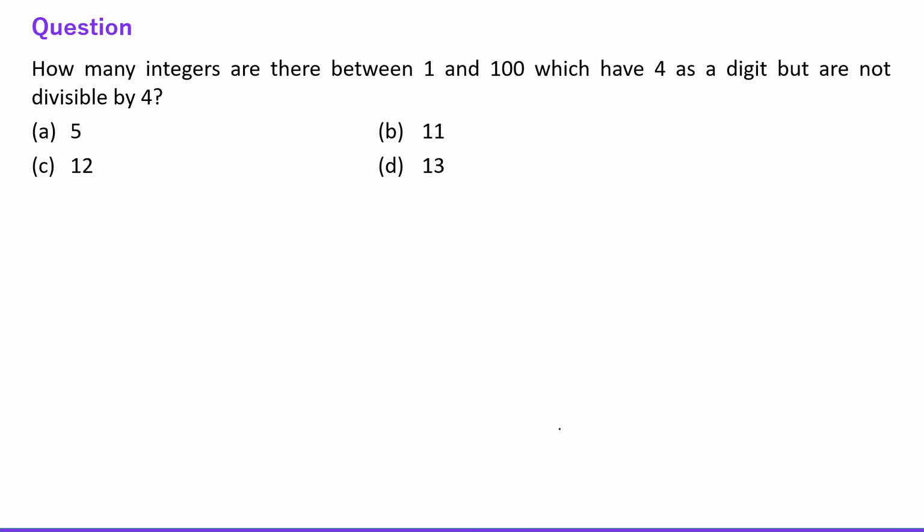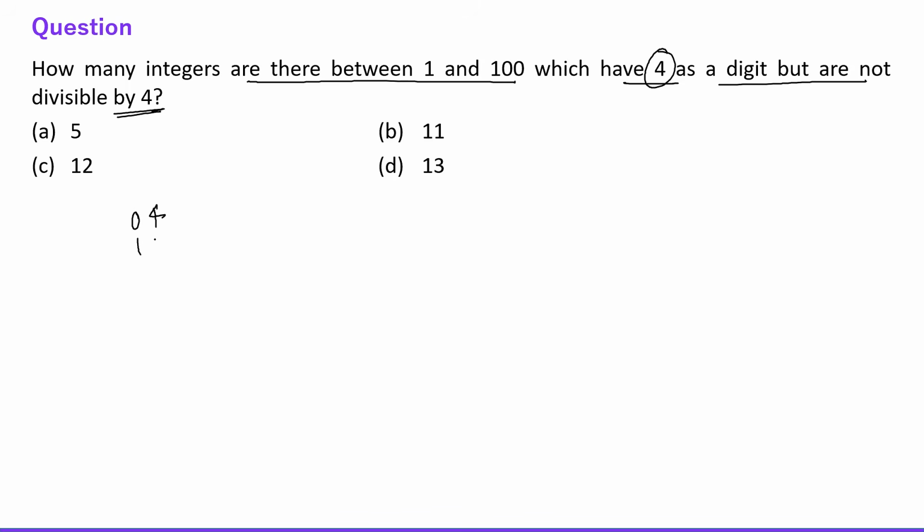Next question is, how many integers are there between 1 to 100 which have 4 as digit but are not divisible by 4? So let's write all the numbers which have 4 as digit.